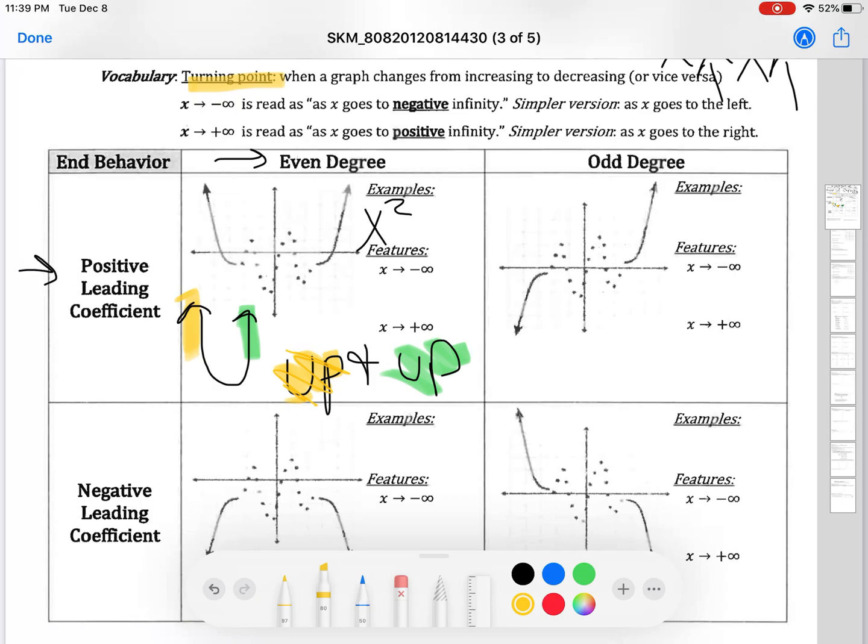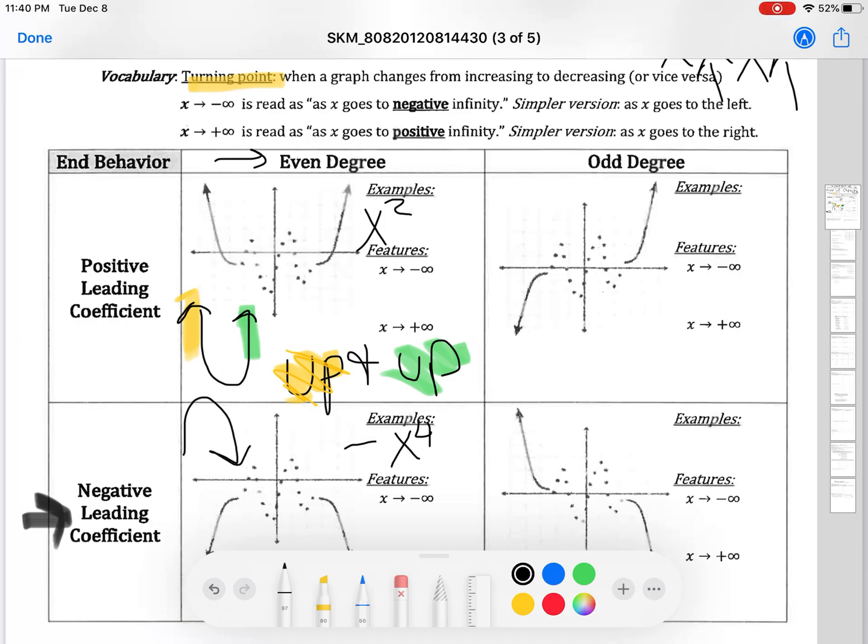All right? Let's do the same thing here. The one right below it, where it's an even degree, but this time it is a negative leading coefficient, right? It's a negative leading coefficient. This time, again, an example of this is just negative x squared. So anytime it has an even degree, maybe negative x to the fourth, maybe like we just said, negative x squared, but a negative number at the very beginning of that, it's a down and down, right?